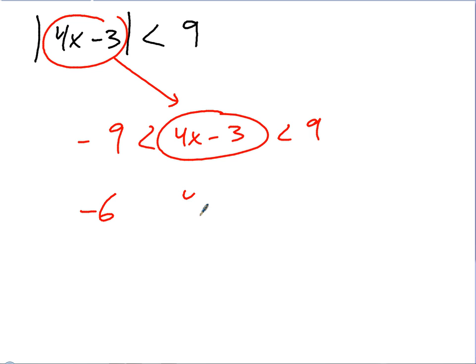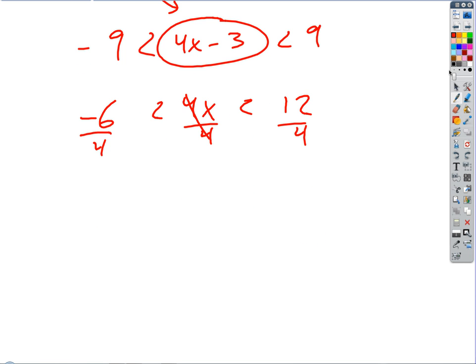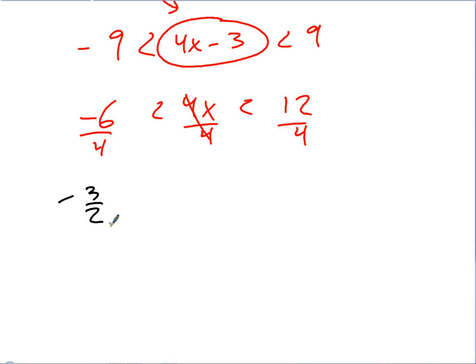Negative 6, 4x, and what about here? 12. Okay. Now what? Divide by 4. And so I get what? Negative 3 halves, right? Negative 1.5, x, and 3. Okay. And that makes sense, doesn't it? We could think of some values that are bigger than negative 3 but less than 3, right?